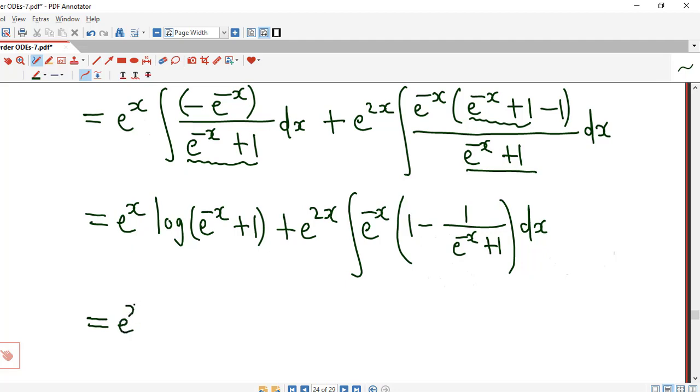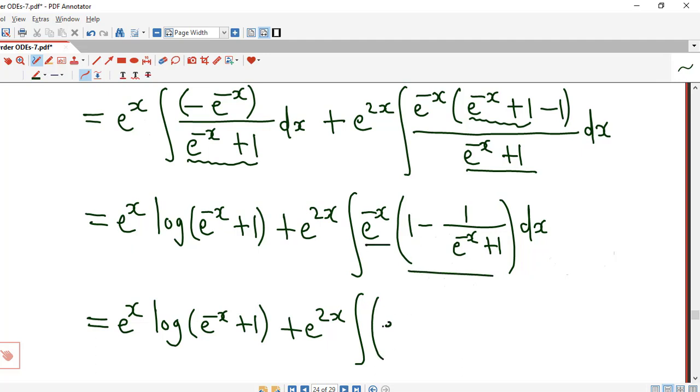Now we keep this as it is, e raised to x logarithm of e raised to minus x plus 1 plus e raised to 2x, and this again can be rewritten as, we multiply this by e raised to minus x. So we have e raised to minus x minus e raised to minus x over e raised to minus x plus 1 integration with respect to x.